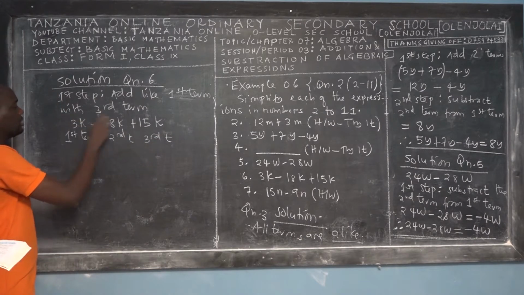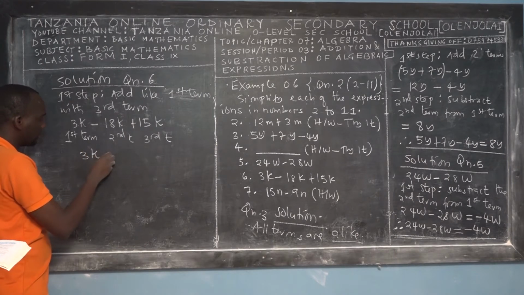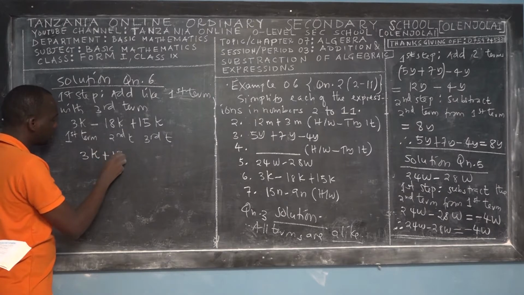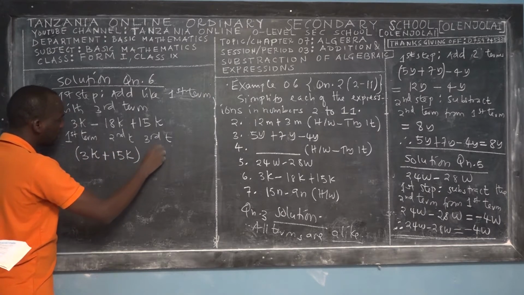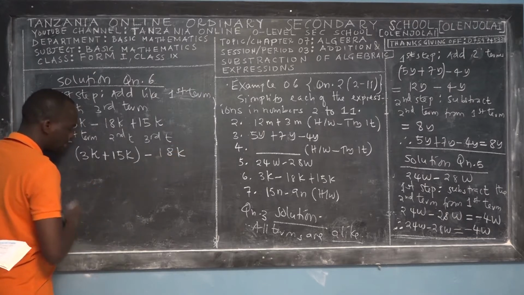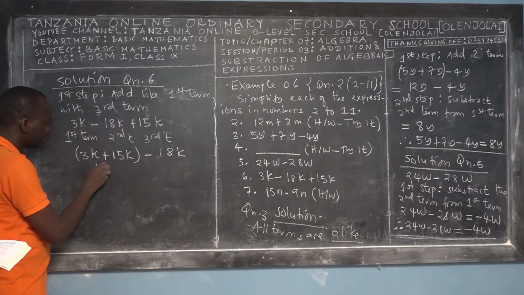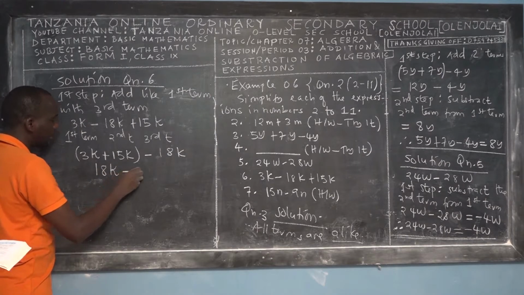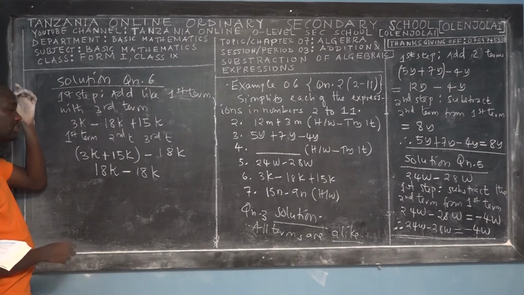So we want to add this and this, right? You can say that this is 3k plus 15k, in brackets, minus 18k. 3k plus 15k makes 18k, minus 18k.